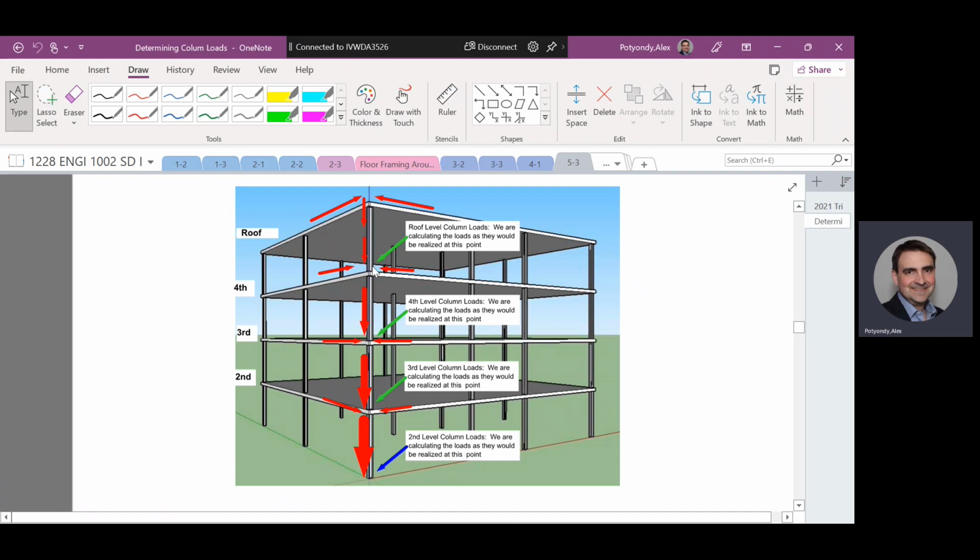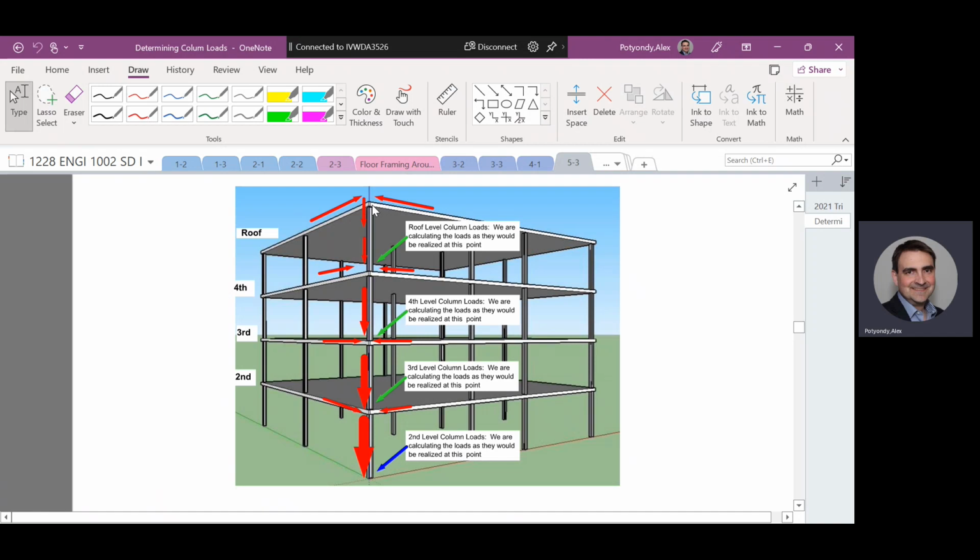And then that load is going to be transferred to the column below, where it also picks up the load from the fourth floor. So that load is larger. And that transfers to the column down below and also picks up load from the third floor. So that load becomes larger. And then that goes down to the column down below, which then sits on the footing. And that's also going to pick up the weight of the second floor.